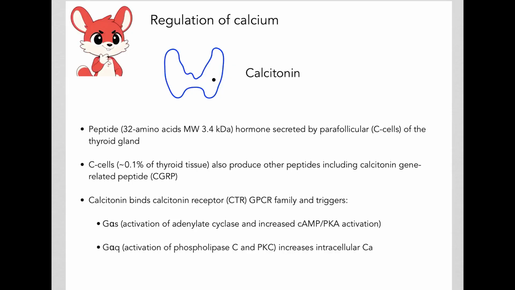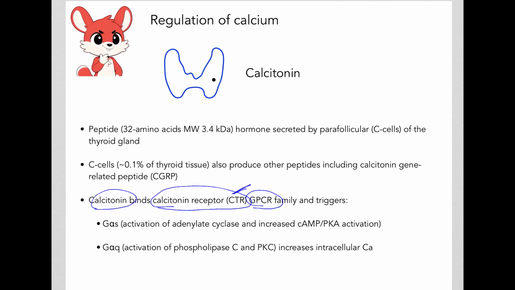As we shall see in a few minutes, calcitonin will bind the calcitonin receptor, CTR, on its target cells, and CTR belongs to the G protein coupled receptor family.